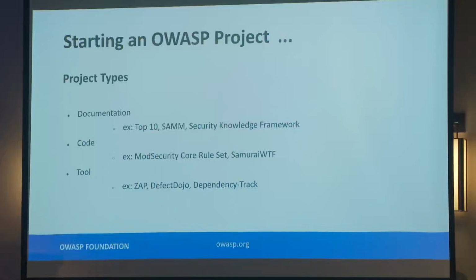Or it's a particular application in and of itself. Tools are meant to be used with other tools as part of, say, a pipeline or something like that. And that's the reason why you can see Defect Dojo, ZAP, those guys are down there.